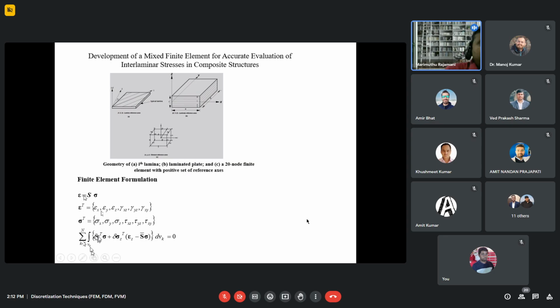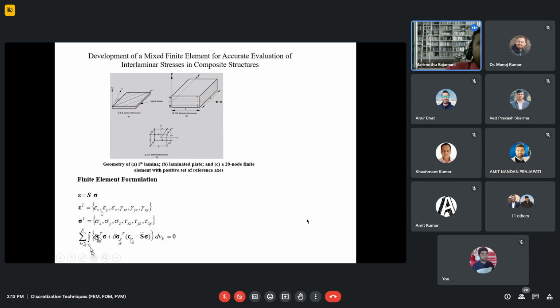Now, the formulation is such that I wanted to include the interlaminar stresses as degrees of freedom. What has been done is delta sigma Ez transpose, where sigma Ez is a vector containing sigma z, tau xz, and tau yz, and it is multiplied with epsilon Ez minus S bar sigma.